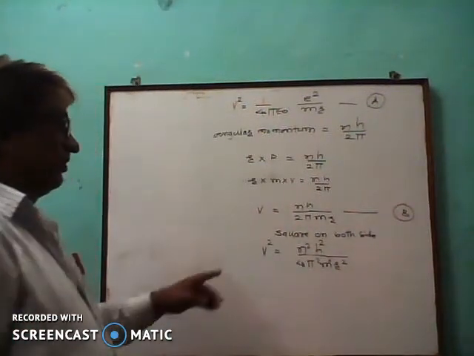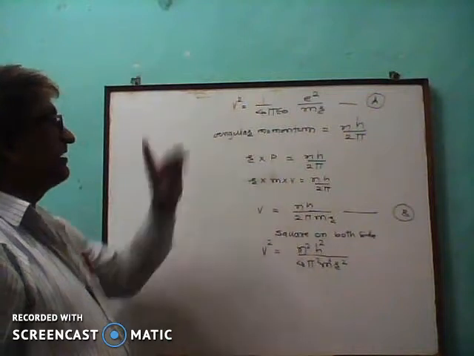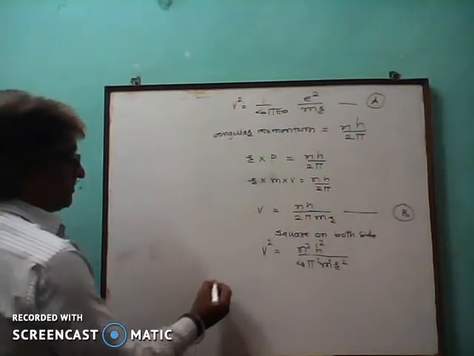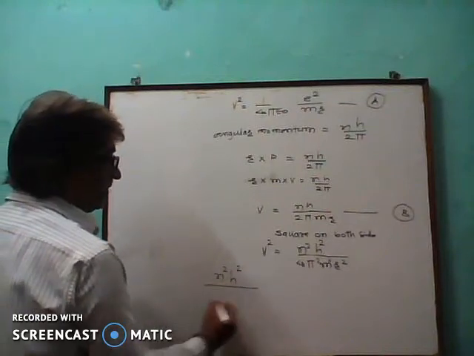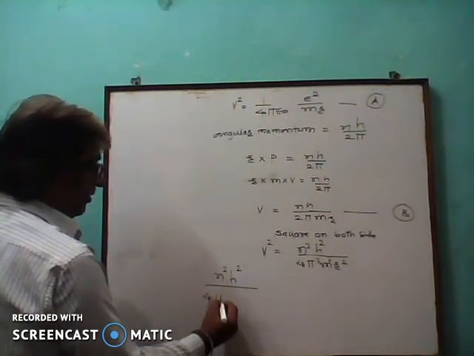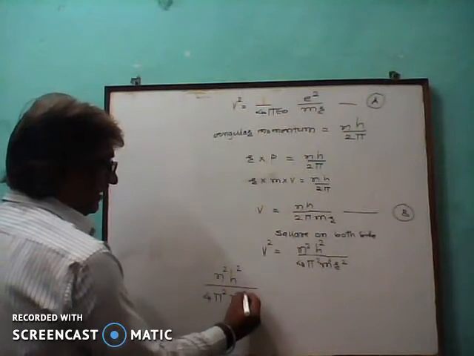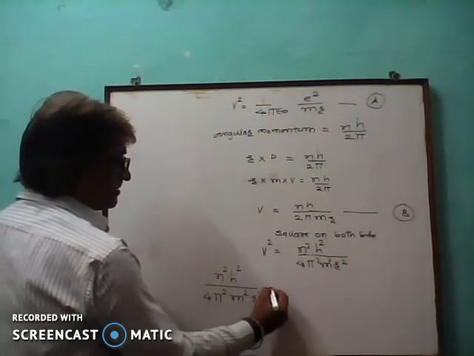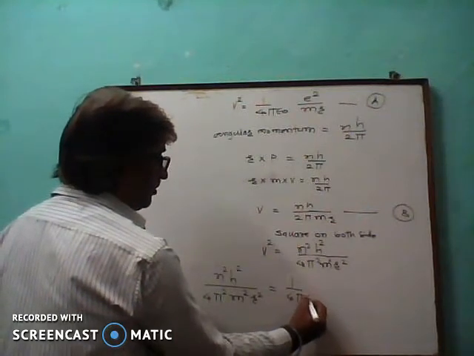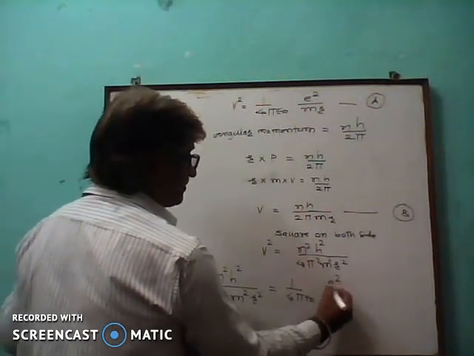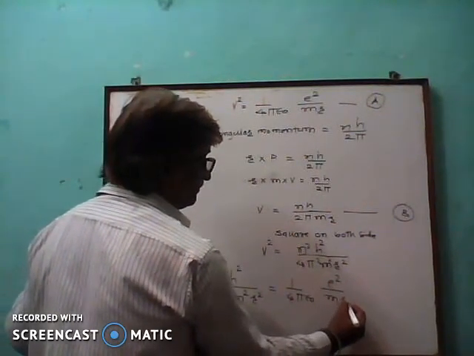So, put this value in equation A. The equation becomes n square h square upon 4 pi square m square r square is equal to 1 upon 4 pi epsilon 0 e square upon mr.